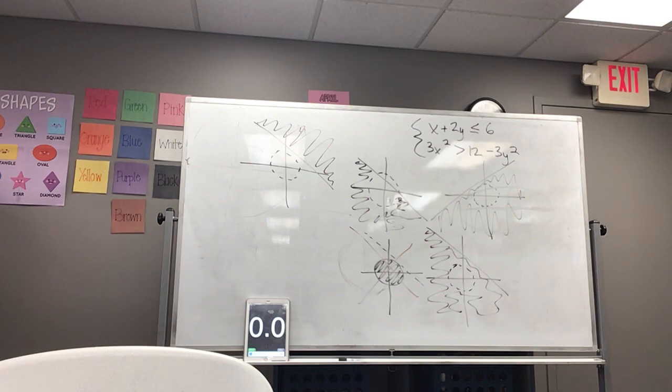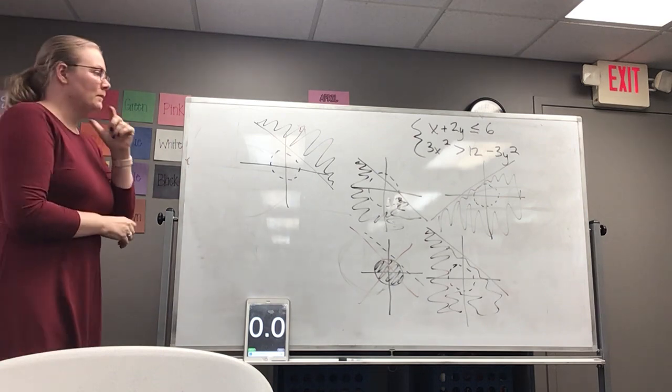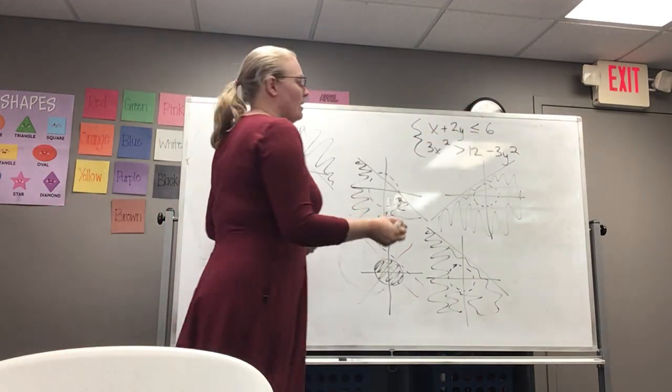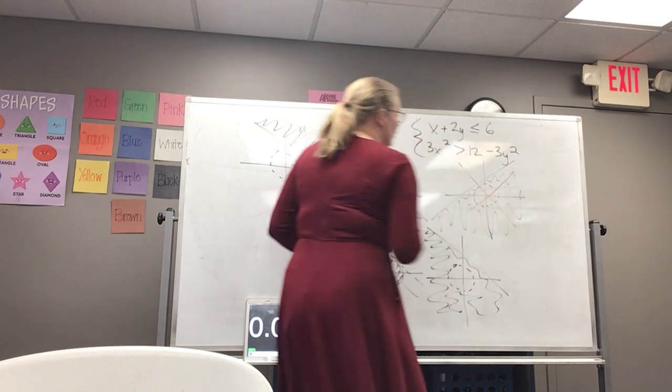What else can we do to help us along? Positive slope. Okay, yeah, because you're going to end up subtracting x and dividing by 2. Yeah, positive slope, out. Good.